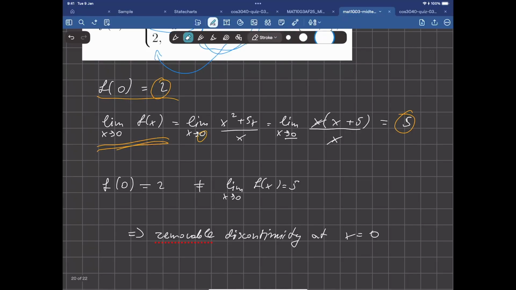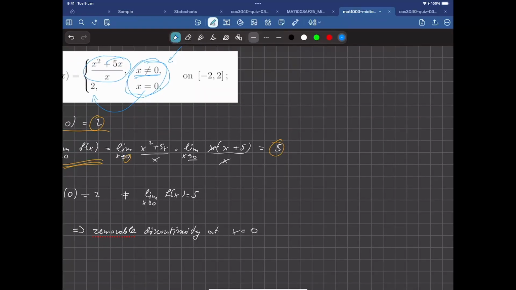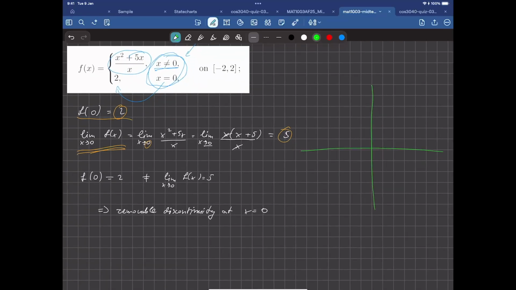And then the third possible case that we didn't see in these problems, but it is possible, is that even the two-sided limit doesn't exist. So what we currently have, let me just quickly graph it. At x equals 0, the value of the function is 2, okay? However, as x approaches 0, the limit goes to 5. Where is 5? 5 is here.